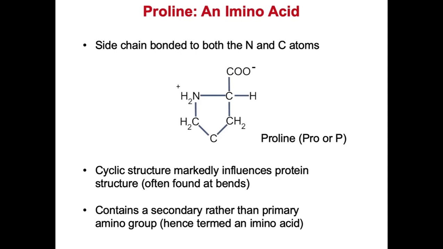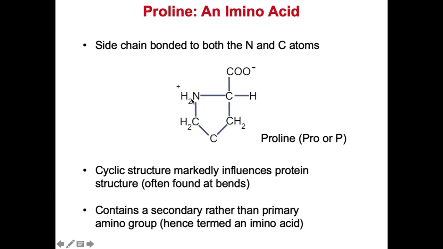Then we come to an unusual amino acid, which is actually not an amino acid, it's what we call an imino acid. So you can see from the structure of this amino acid called proline, or pro or P, that the R group actually is attached back to itself.